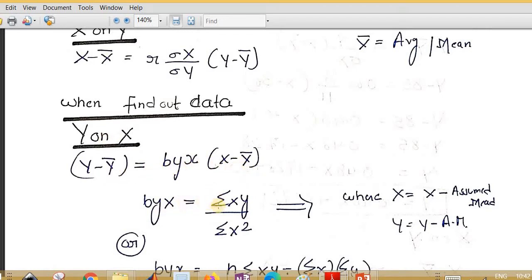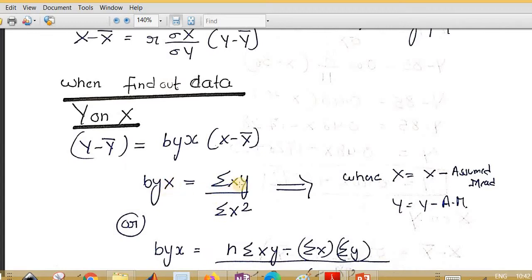So byx is computed by using this formula, summation xy upon summation x square, where capital X is x minus mean, and capital Y is y minus mean. So the value of byx is computed by using this term.